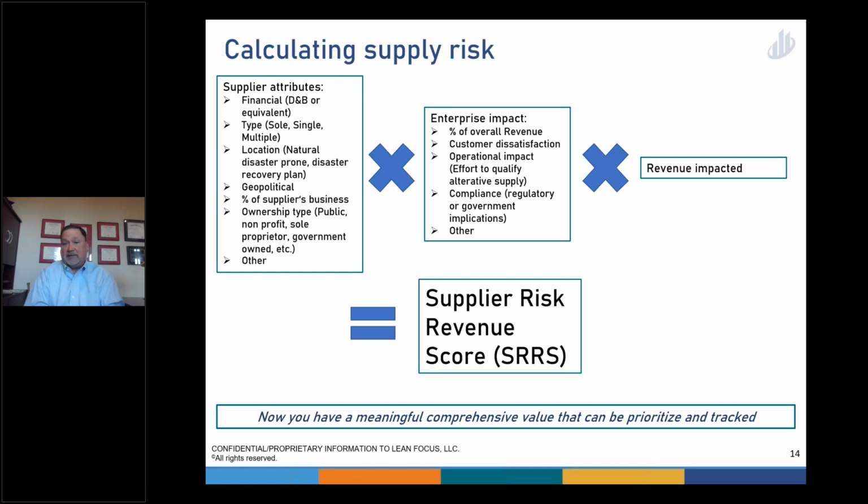And then multiplying that by the revenue that that particular supplier impacts would provide you a score that is repeatable time and time again. Now you have a meaningful, comprehensive value that you can prioritize, and more importantly, you can track it and see if in fact you are reducing risk over time. And that's really the goal of any risk strategy.